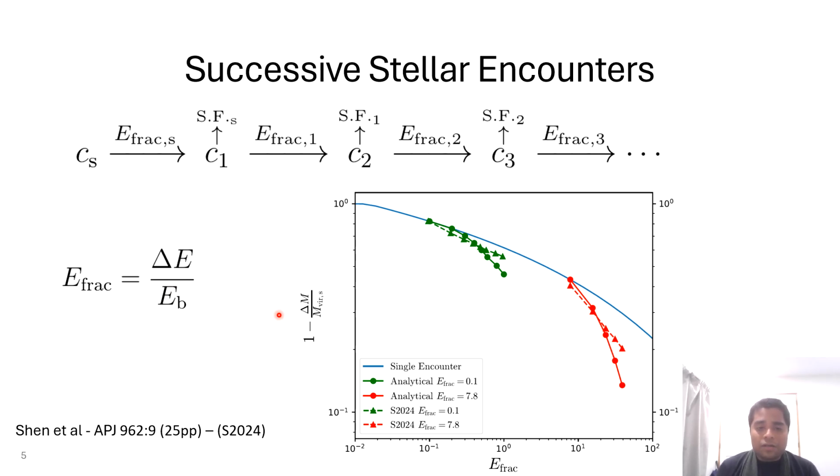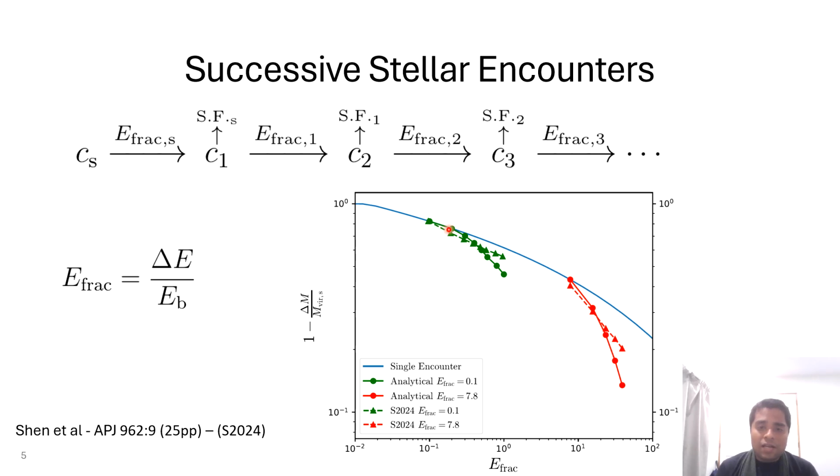And here are our results. On the horizontal axis is the energy injection parameter. On the vertical axis is what's known as the survival fraction, which basically gives you a measure of what fraction of the minihalo survives the stellar interaction intact. Here the blue line is the single encounter case, and I'll focus on the green curves now, which are the multiple encounter case.